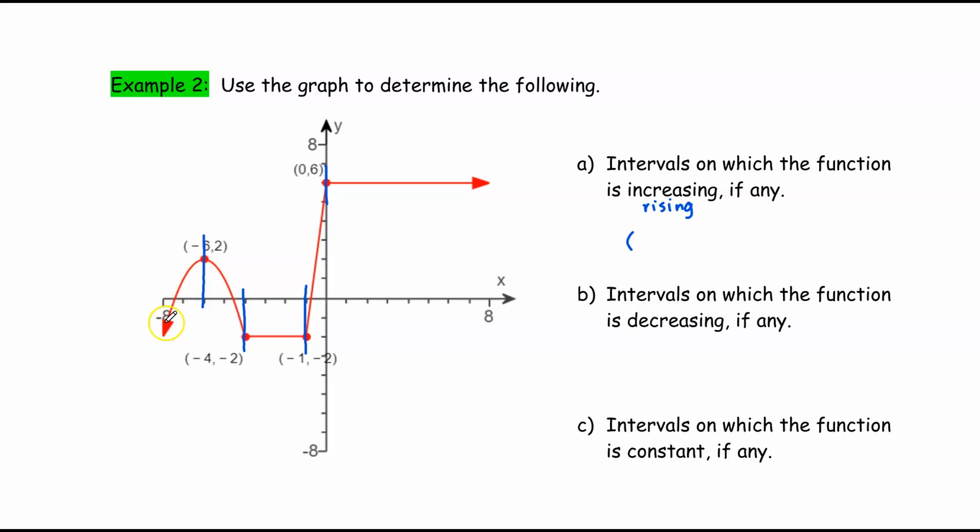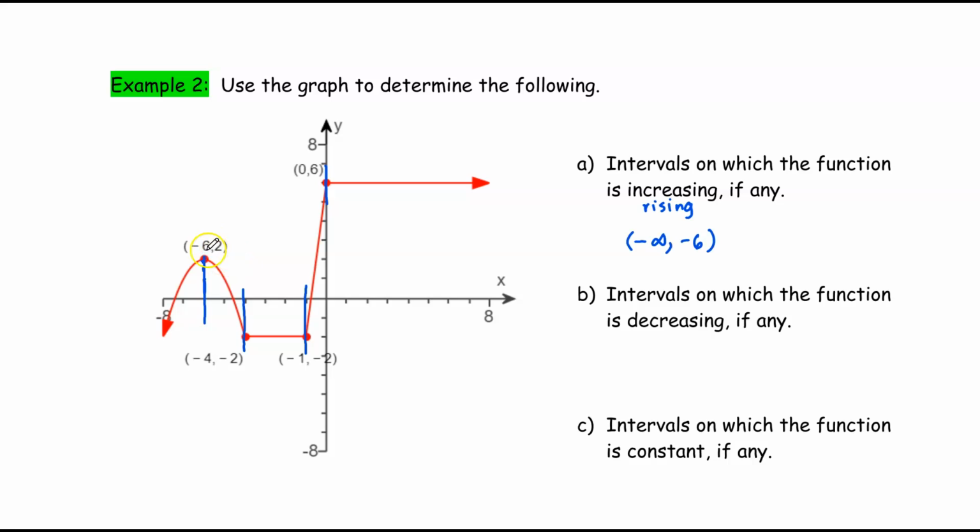So on this interval here, now there is an arrow. That means it starts at negative infinity up to this point here. Up to what value of x? x equals negative 6. So negative infinity to negative 6.